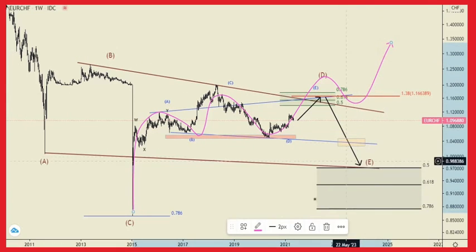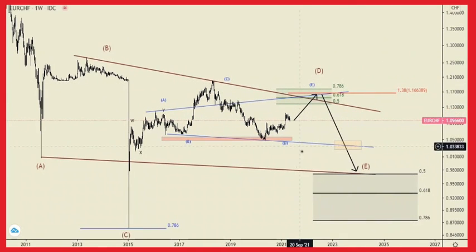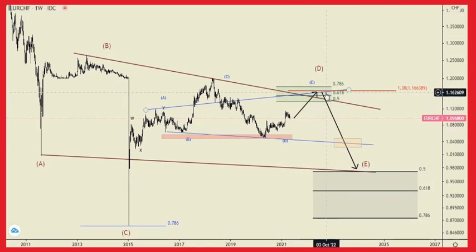Finally, the scenario that is much more likely is the movement of the contraction triangle and the E wave pattern. I hope this was an effective analysis for you guys.